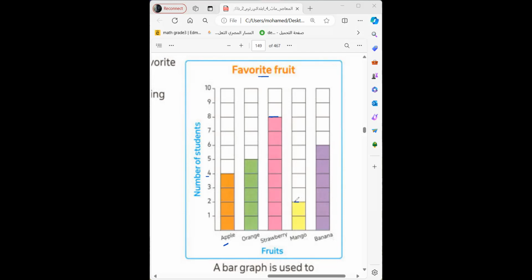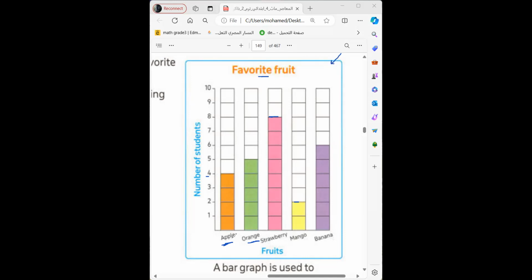Oh, why is mango the least? I love mango. How many students like orange and apples together? You can put them 4 plus 5. So apple and orange together are 9. So all these I can find from the bar graph. Look at here.